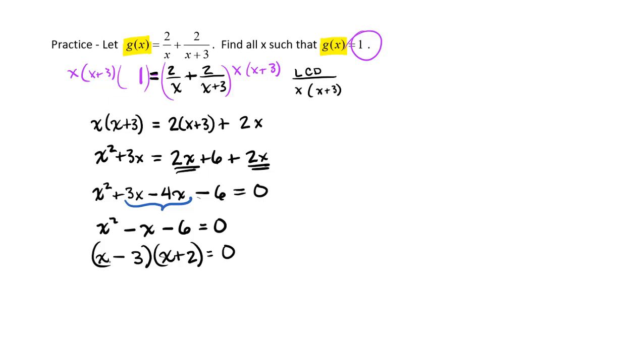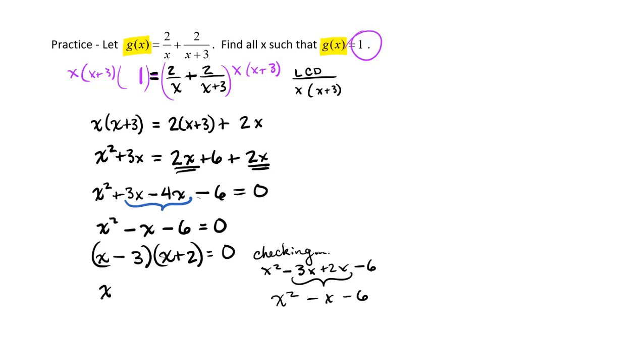And if I FOIL that just to check, it gives me x squared minus 3x plus 2x minus 6, which will combine, and I'll get x squared minus x minus 6. So those two factors do work. I'm not going to need to use the quadratic formula if I can factor it. It's fewer steps.